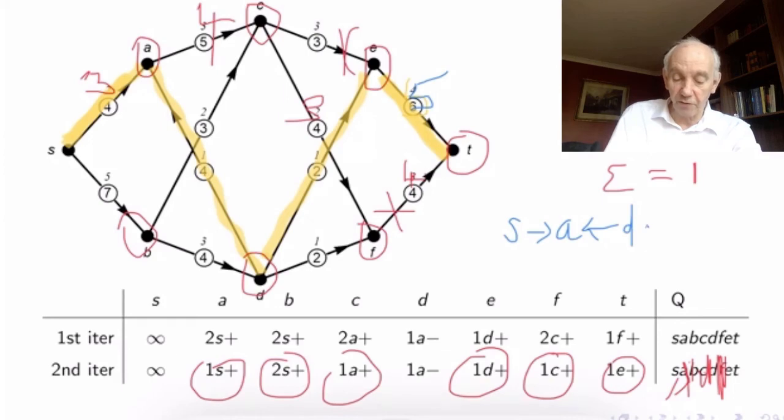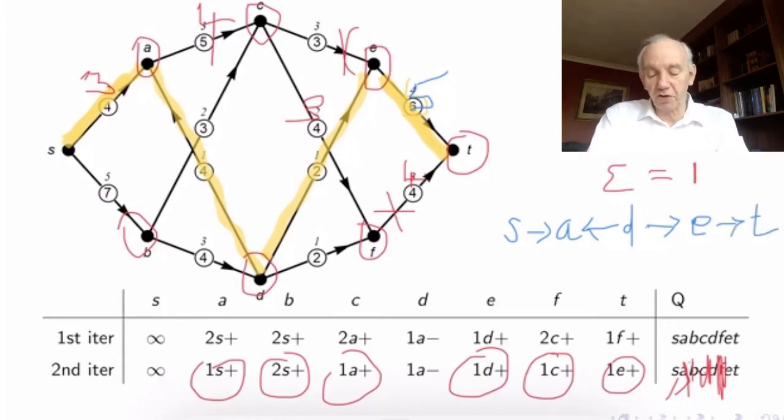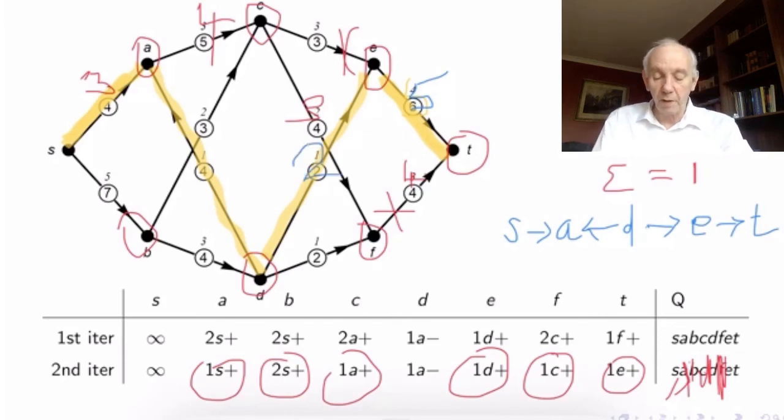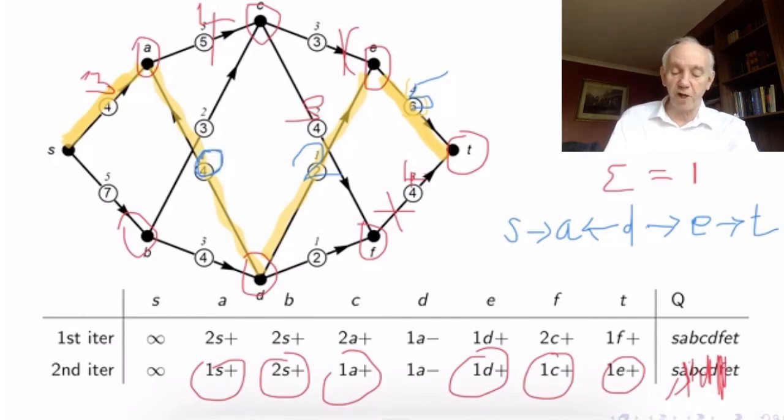It went forward from D to E. I just realised I made a mistake there in what I said. And then it went to T. So what do you do? You add epsilon to the forward path. So this 1 becomes a 2. But because this is a backward path, this 1 becomes a 0. You subtract epsilon because this is a minus path. And this 3 becomes a 4. So this edge is now saturated.